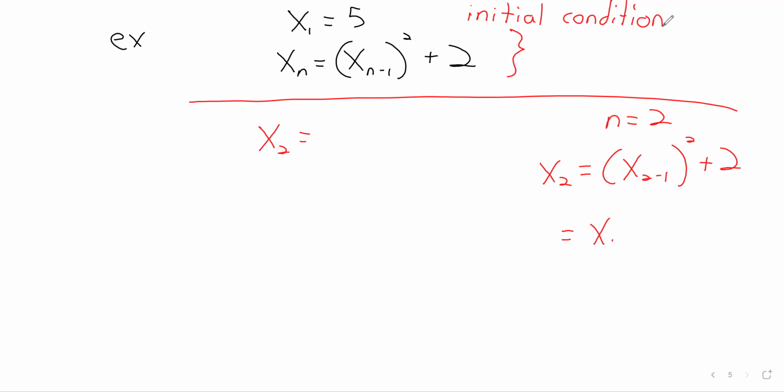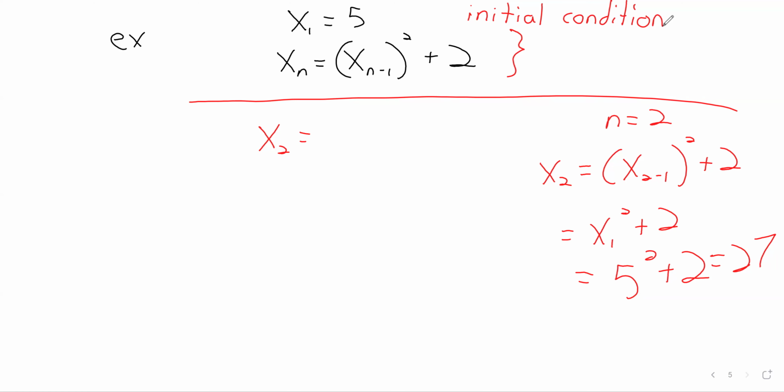That's x sub 1 squared plus 2. x sub 1 is 5. Here's where we need that initial condition. 5 squared plus 2, 27. So you see, to find x sub 2, we needed x sub 1. And to find x sub 3, we need x sub 2.